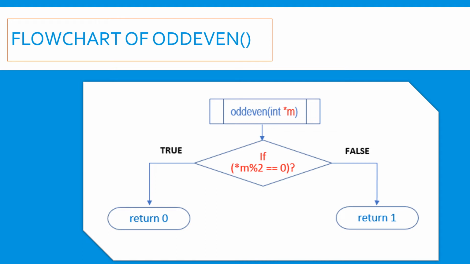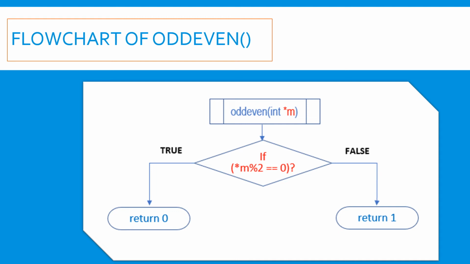So in that case, we return 1, and if the remainder is equal to 0, we are going to return 0. So this is the strategy used within the function odd even. So let me repeat, we are applying the modulus 2 operator, so we get the remainder. If the remainder is equal to 0, we are going to return 0 to the main program.